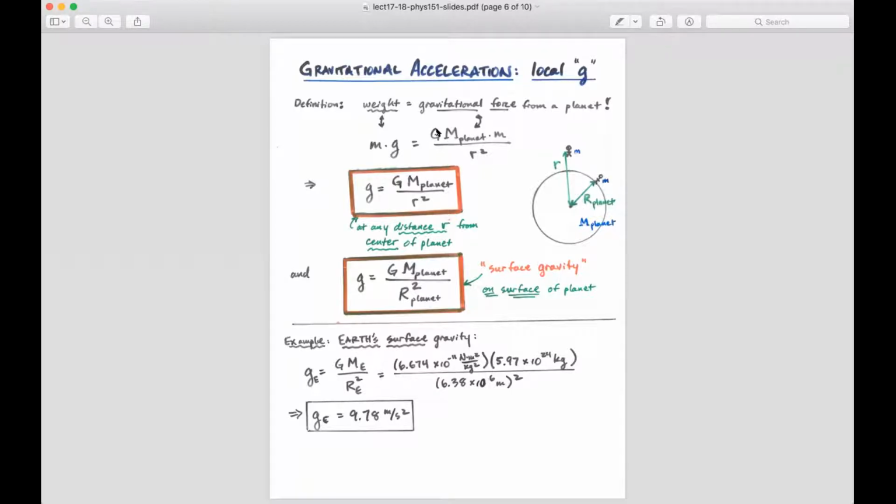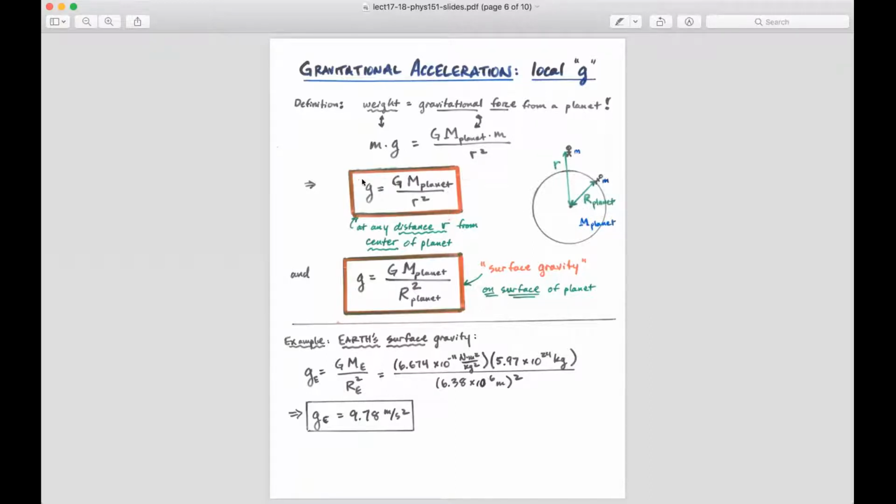Well, we now have an expression, Newton's law of universal gravitation, for the gravitational force of a planet acting on the mass little m. And it's equal to this. So if we set these two expressions equal to each other, what do we find? We find that the mass little m cancels out.